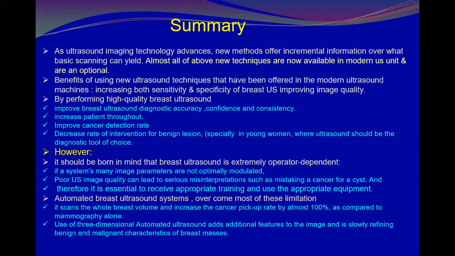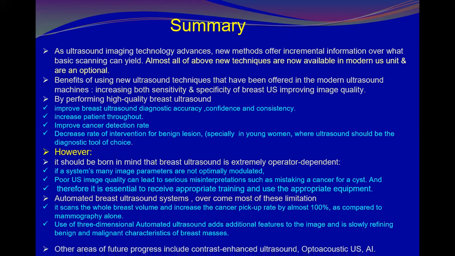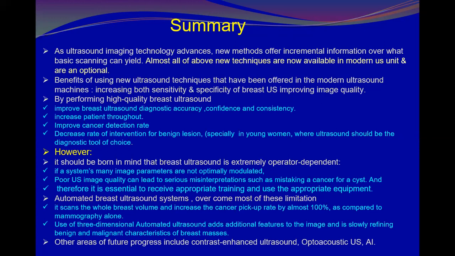And the use of 3D automated ultrasound adds additional features to the image and is slowly refining benign and malignant characteristics of breast masses. Other areas of future progress include contrast enhanced ultrasound, optoacoustic ultrasound, and AI. And thank you very much.